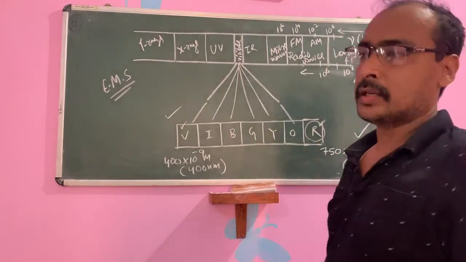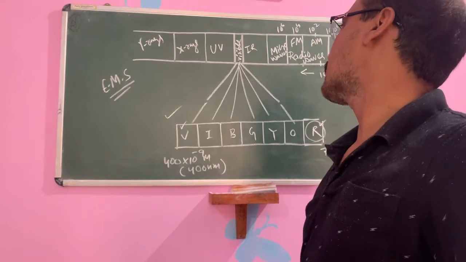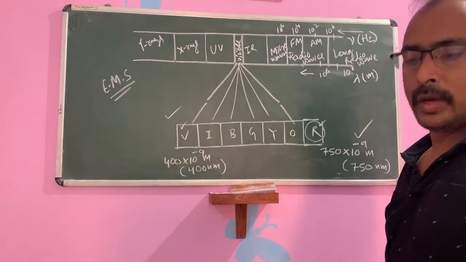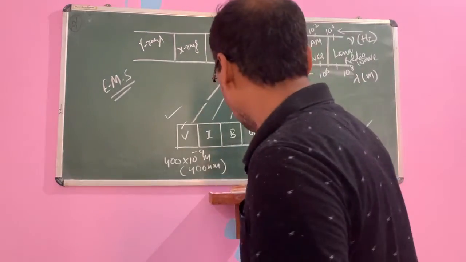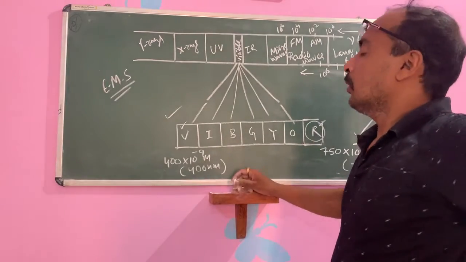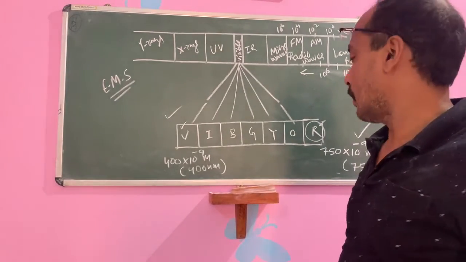So, children, next we'll discuss what the wave nature of electromagnetic radiation is. First, frequency of a wave.